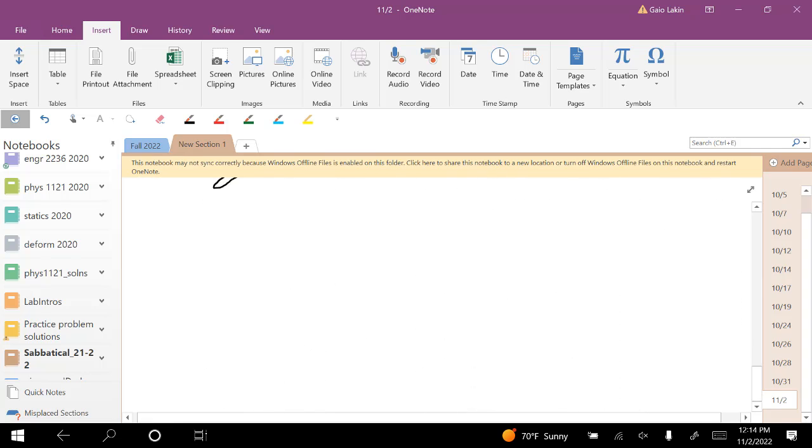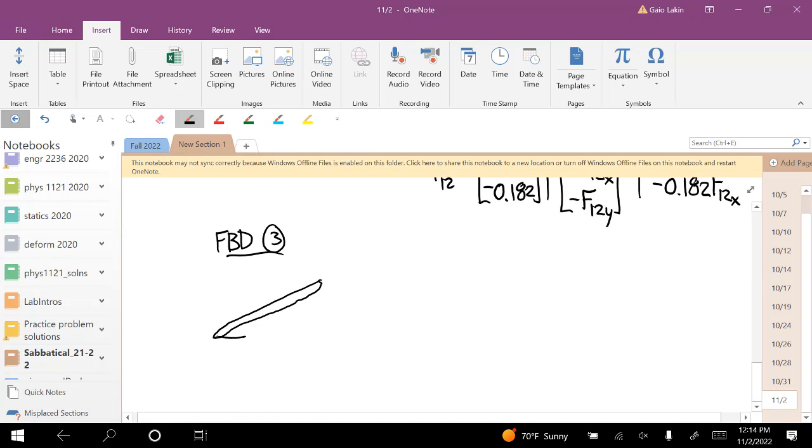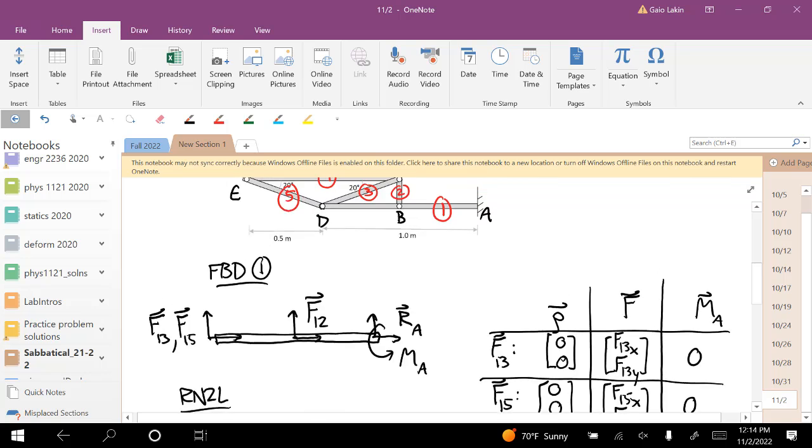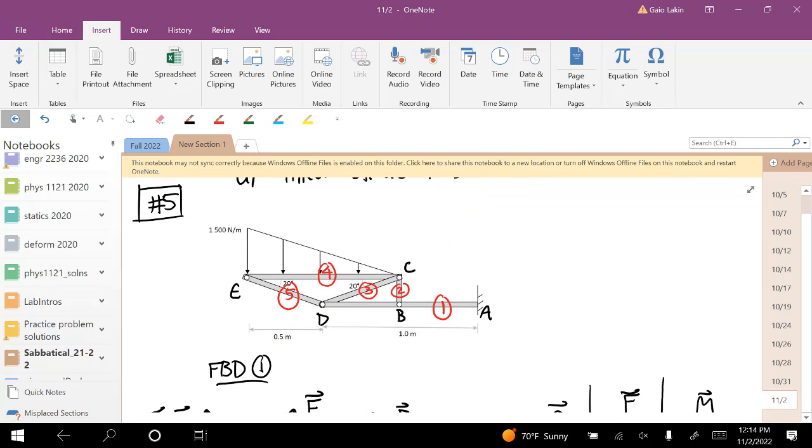Well, first of all, since this is not the lowest numbered member at either one of these joints, on member 3, there's only going to be the force from the joint here.